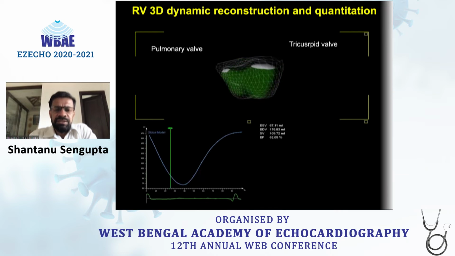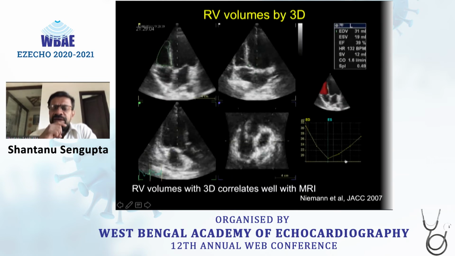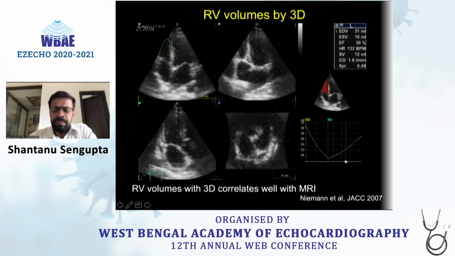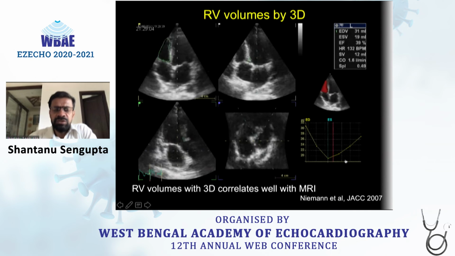This shows the RV EF, stroke volume, and diastolic and systolic dimensions. This is the tricuspid valve and the pulmonary valve, which have been quantified. So the recent machines give you pretty good information for assessment of the RV, and RV volumes by various machines should be routinely done.